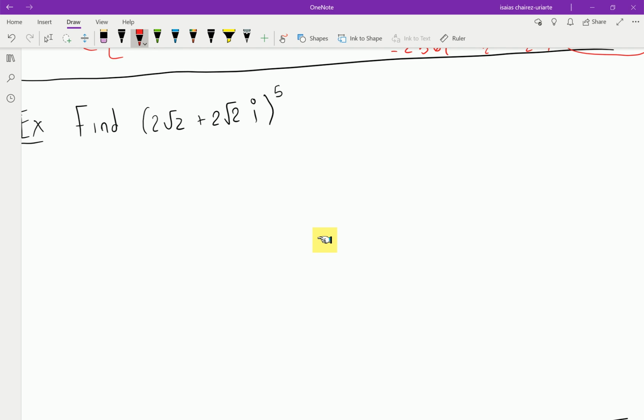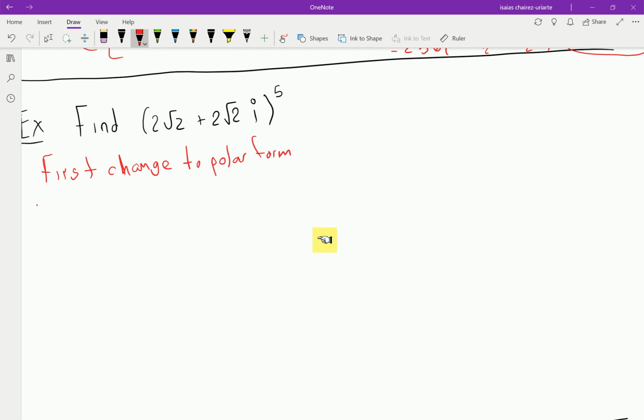All right, so let's answer this question. So first, let's change this to polar form.